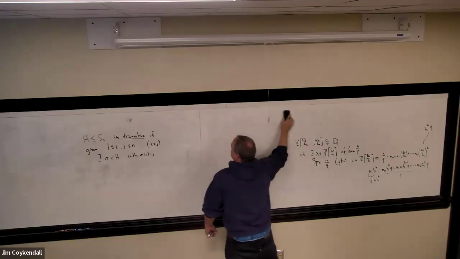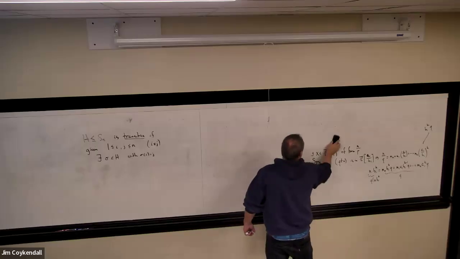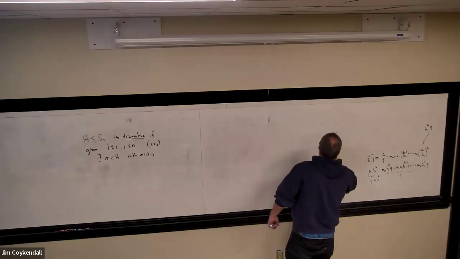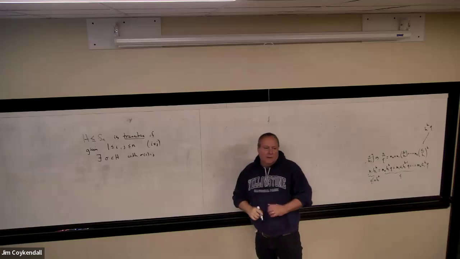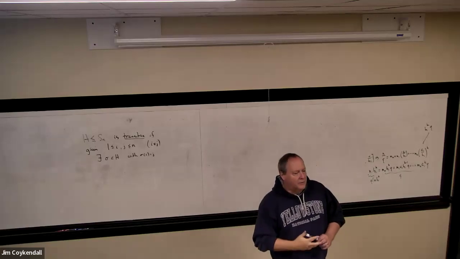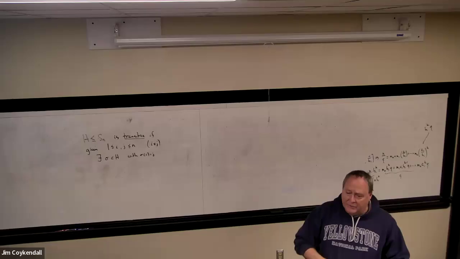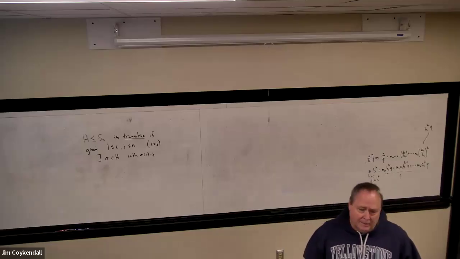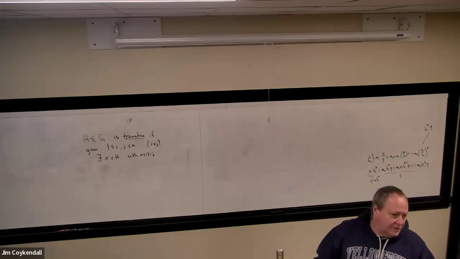Now let me give you an example. Let me point out that S_n is always transitive, because the permutation (i j) takes i to j.